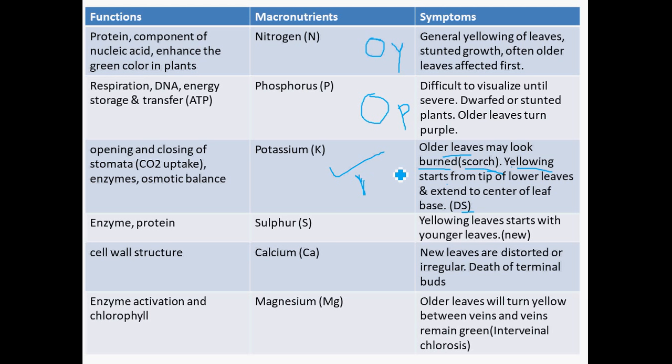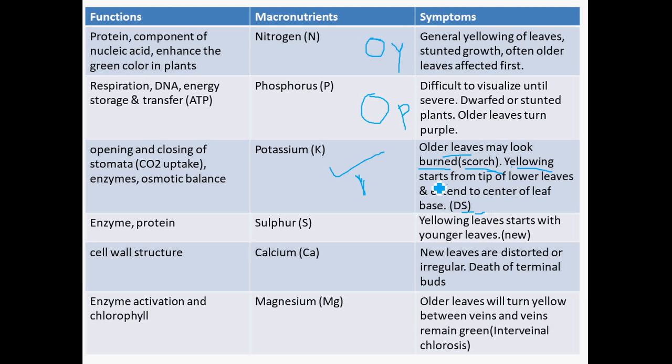Dead spots on plant leaves occur when some insects or bacteria attack the leaf, which results in death of plant tissue. So death of plant tissue means dead spot of the leaf.